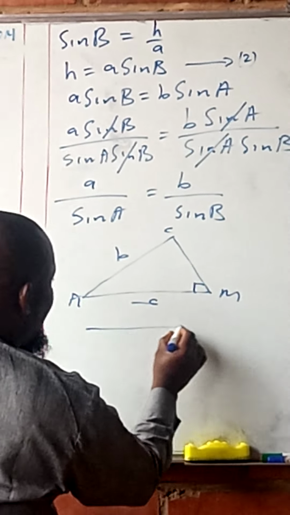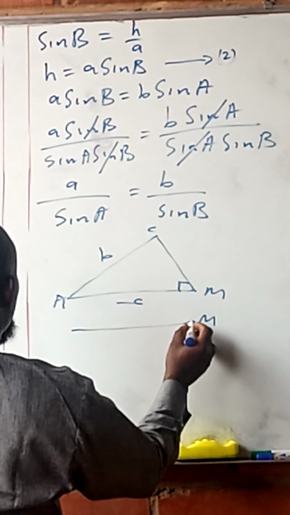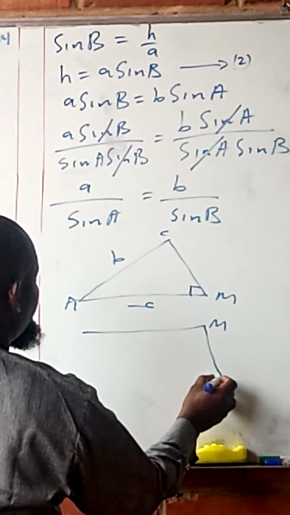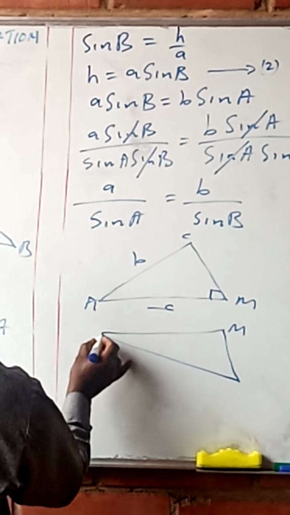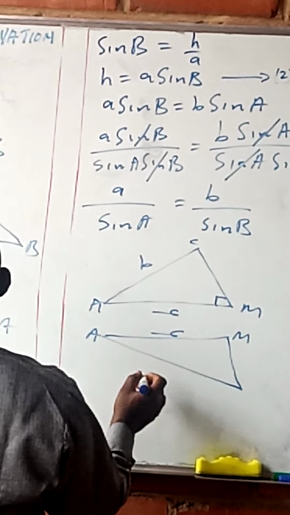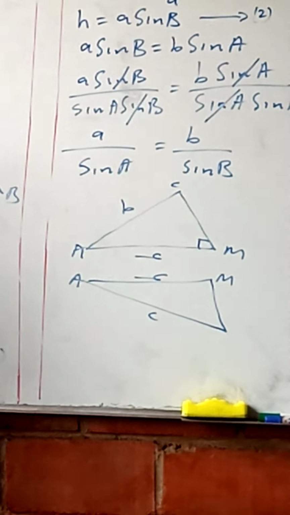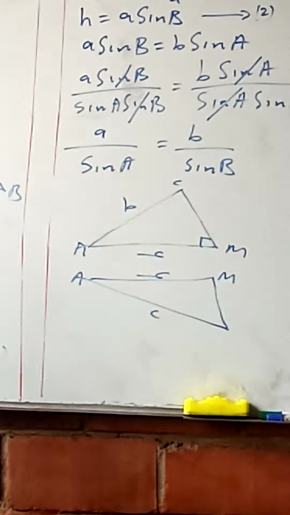Then the other side, which is right angle at M, you have your b here, you have your a here. This is still your height, while here is your c. That's how you split it in this direction.